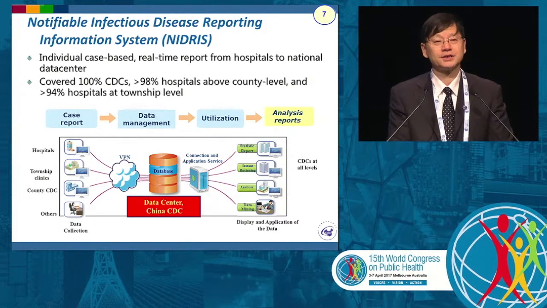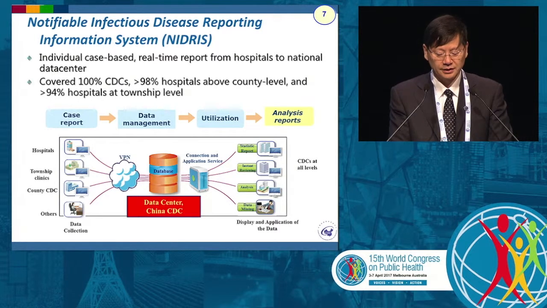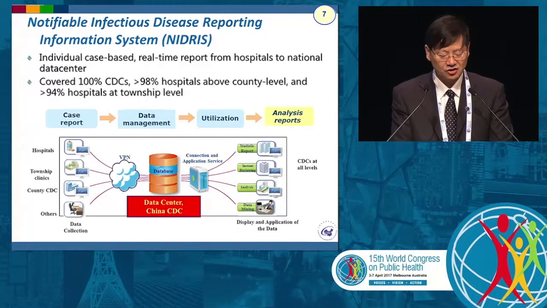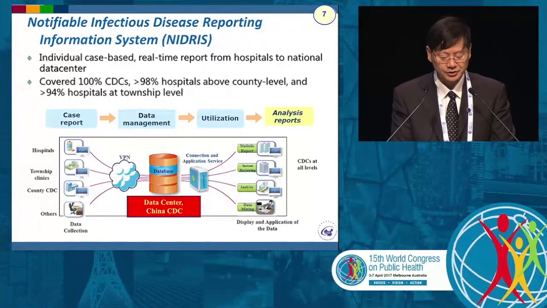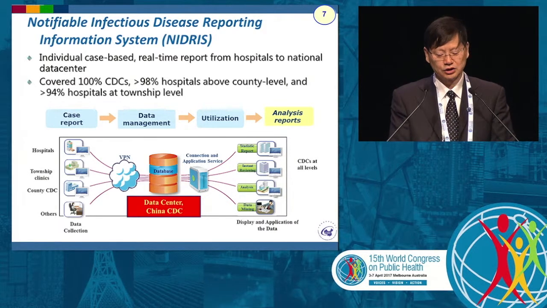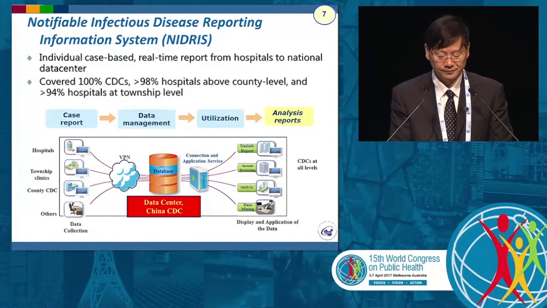Currently, all CDCs at different levels, more than 98% of hospitals above county level, and more than 94% of hospitals at the township level can directly report the data into the China CDC by internet.